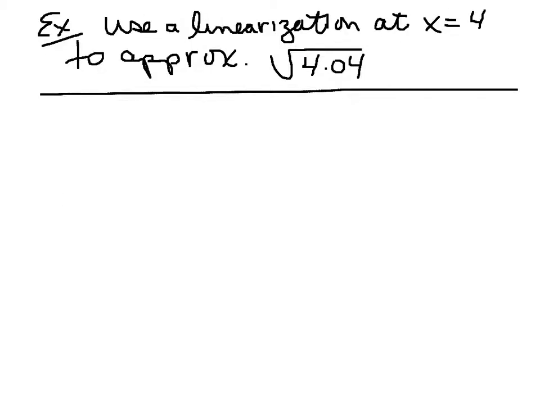Okay, so here's our simple example to give you the feeling of this. We want to use a linearization at a nice point, x equals 4, to approximate the square root of 4.04. So the function that is underlying this is the square root of x, and the point that we're looking at is x equals 4.